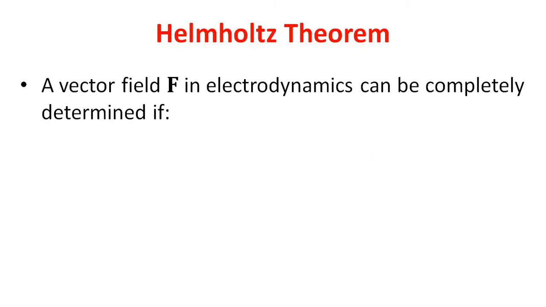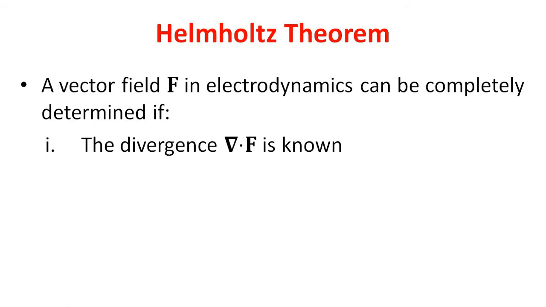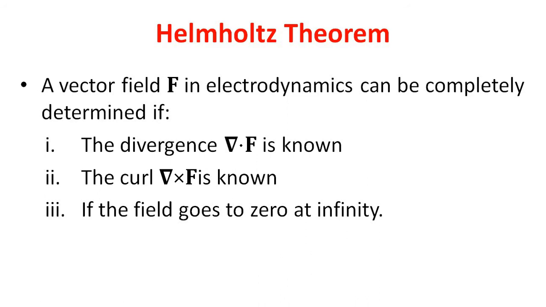According to Helmholtz theorem, a vector field F in electrodynamics can be completely determined if the divergence del dot F is known, the curl del cross F is known, and if the field goes to 0 at infinity. അഥവാ a vector field function F that may be electric field E or magnetic field B can be completely determined if we know the divergence and curl of that field. അതിനെ നമ്മൾ വിളിക്കുന്ന പേരാണ് ഹെൽമോൾട്ട്സ് തിയറം. നമുക്ക് ഡൈവർജൻസ് ഓഫ് എഫും കേൾ ഓഫ് എഫും അറിയാമെങ്കിൽ we can determine F accurately.